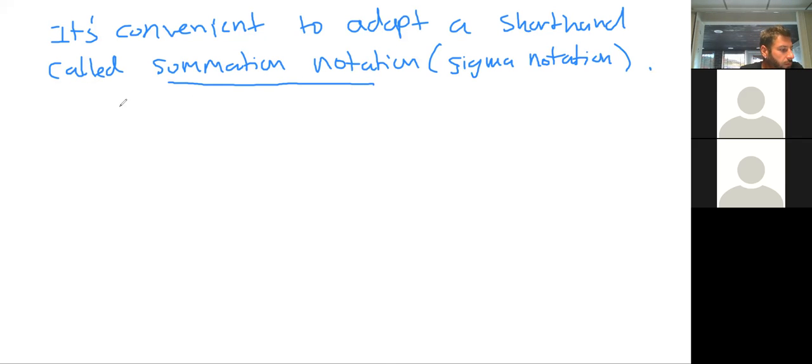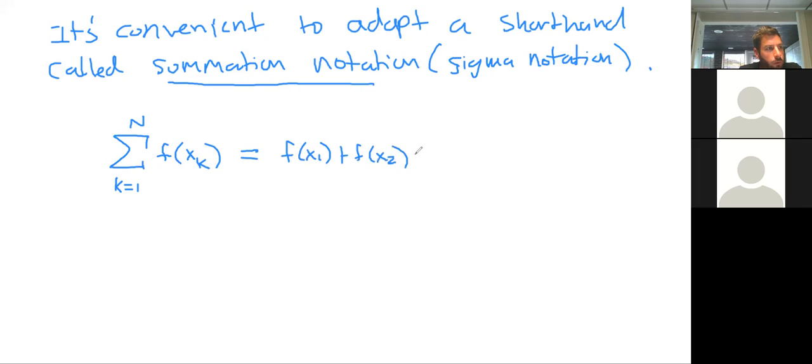So what we're going to do is, instead of writing all this out, like f of x sub 1 plus f of x sub 2, what we do is we compact it. Oh, excuse me, I wrote that wrong. So we're going to compact it.